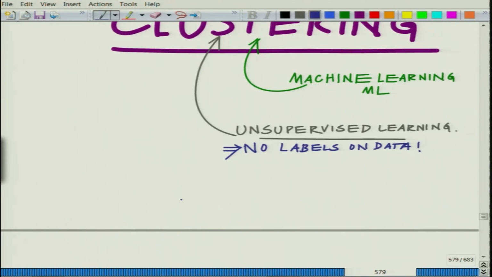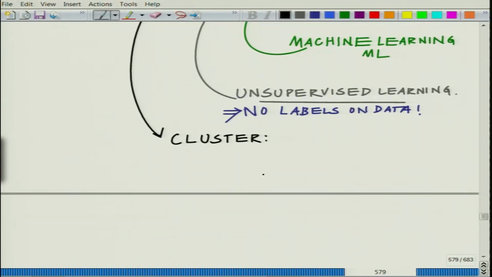And now clustering naturally begins with the notion of a cluster, right. All of you must have heard this term cluster, which in English essentially means a group of similar products or a group of similar objects, right.